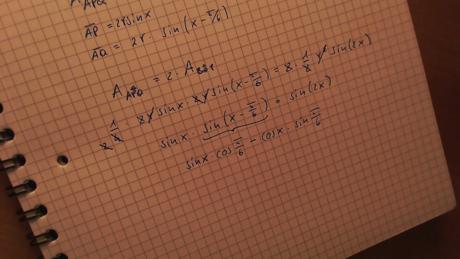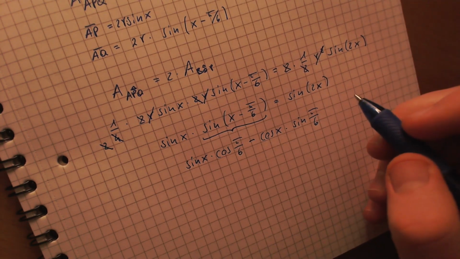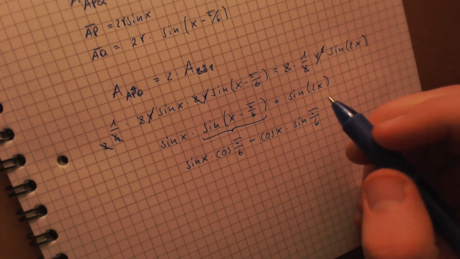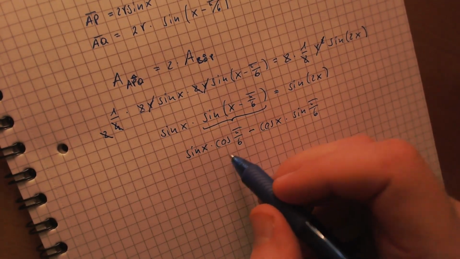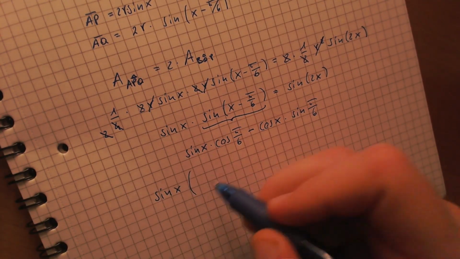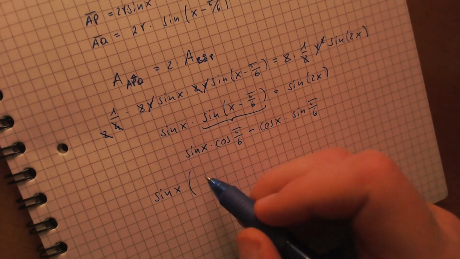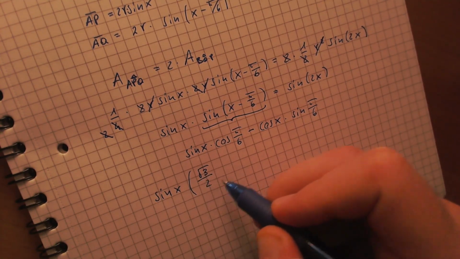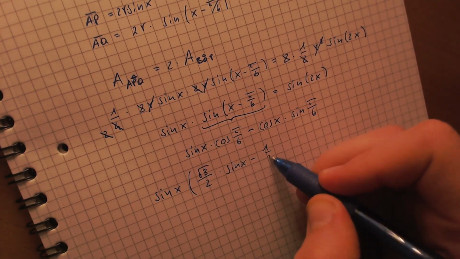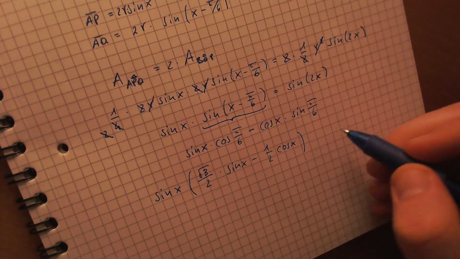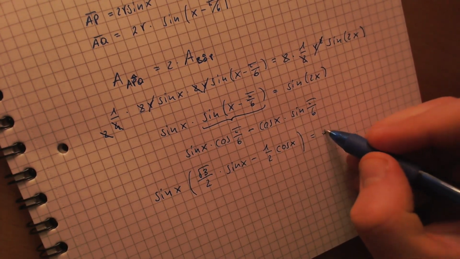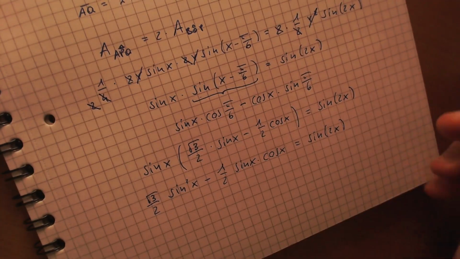Okay, so we can write this, and this means that here, for example, we get sine of x, and here cosine of pi over 6 is square root of 3 over 2 times sine of x, okay, minus 1/2 cosine of x, and this first term on the left will be equal to sine of 2x.